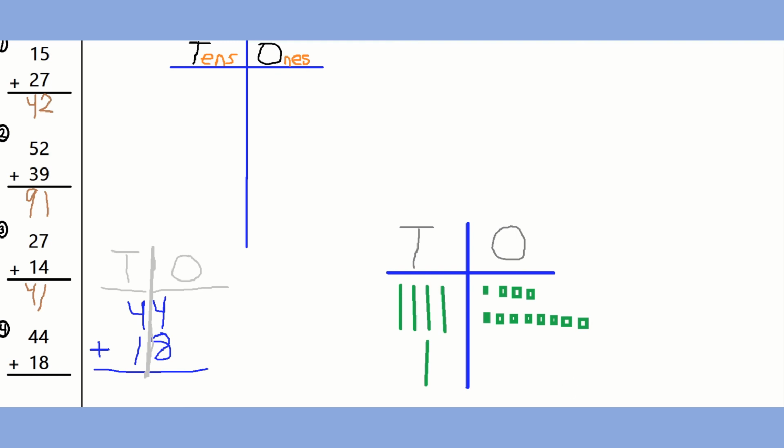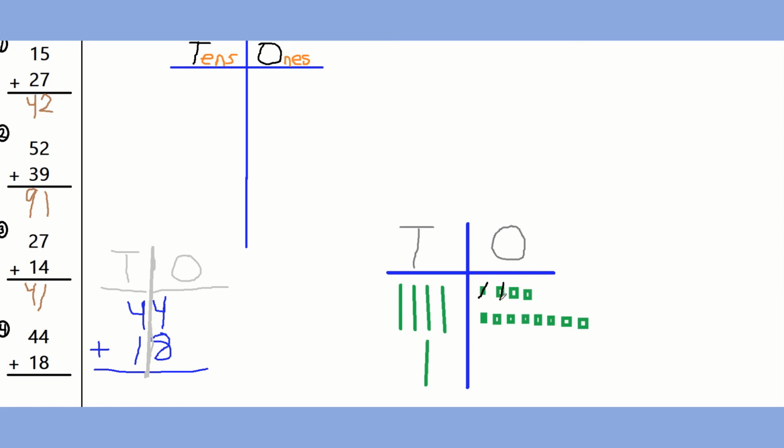So let's start with our 1s. 1, 2, 3, 4, 5, 6, 7, 8, 9, 10. We made it to 10. So we need to take these 10 and move them over. So what you can do is you can erase 10 or you can cross 10 out. So if you want, since you're doing yours on paper, you can just cross it out.